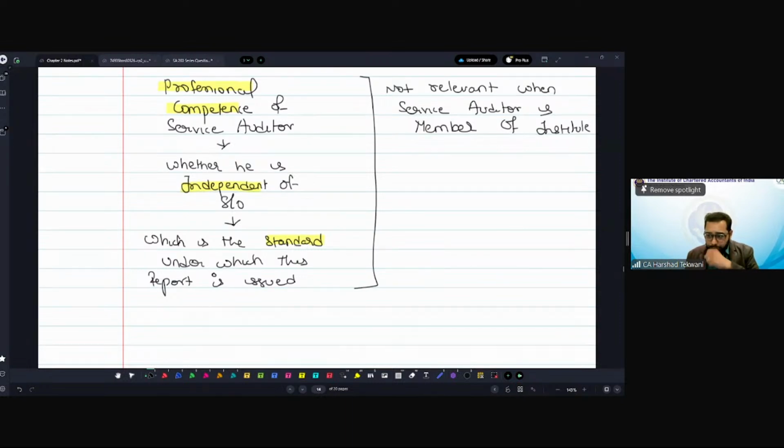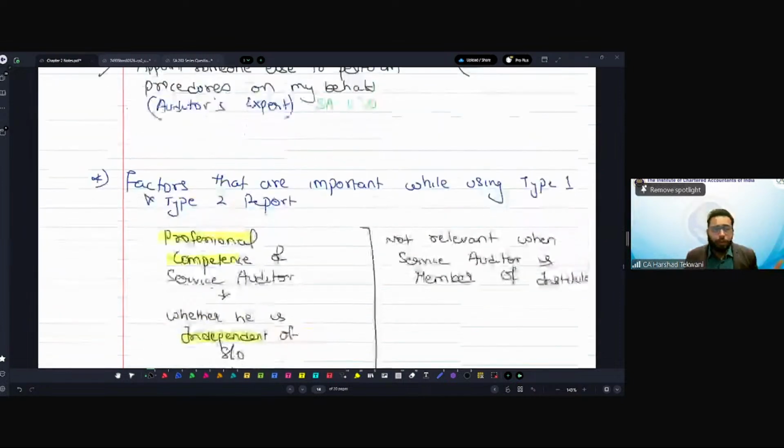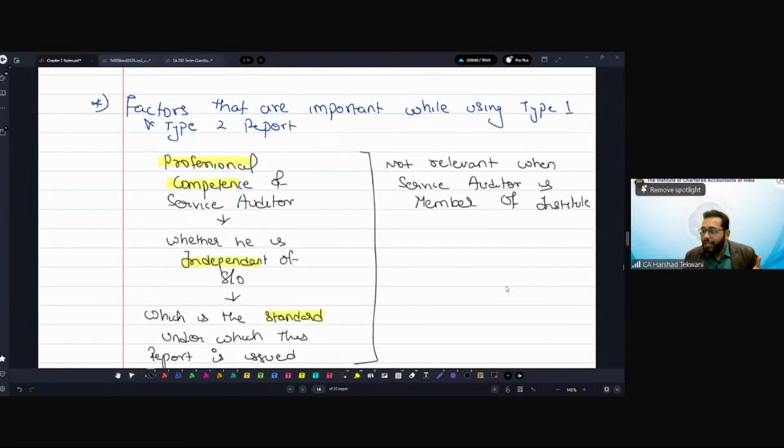Okay, and this part talks about the sufficiency and appropriateness of the type 1 or type 2 report, or the audit evidence that I will receive from it. Perfectly fine. I understood whether type 1 and type 2 reports are supposed to be relied on or not. I understand their genuineness, the integrity of the report, and their usability.